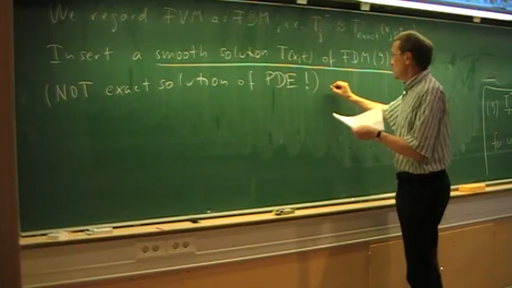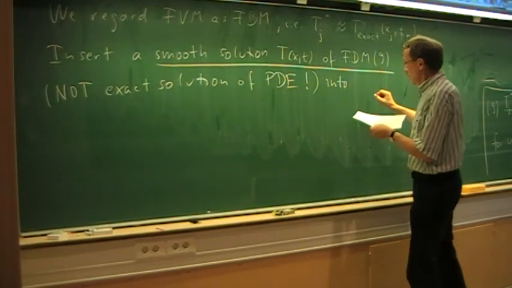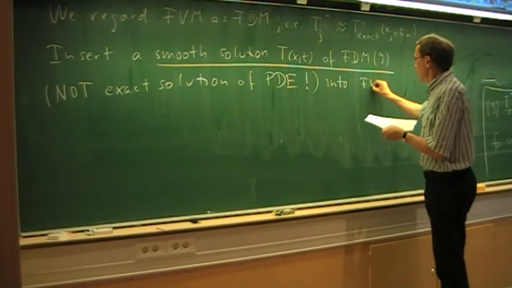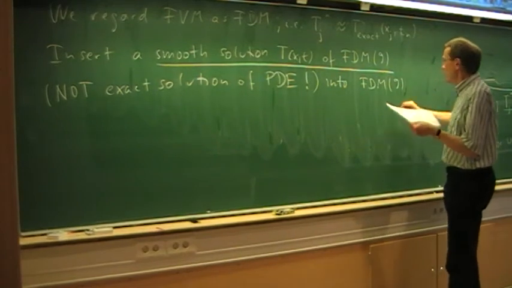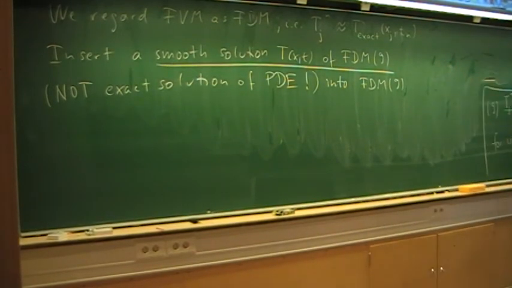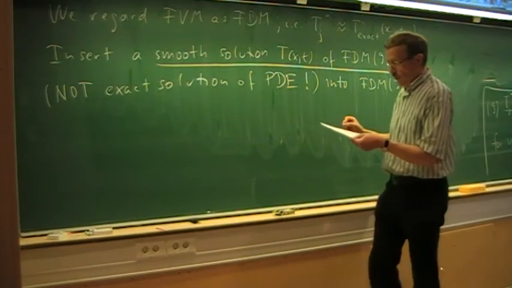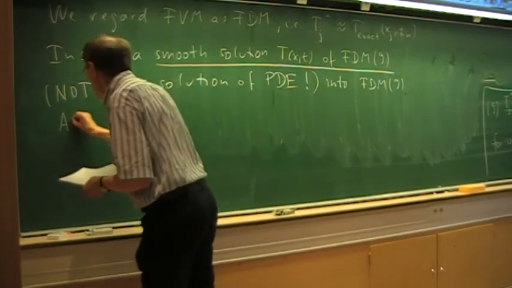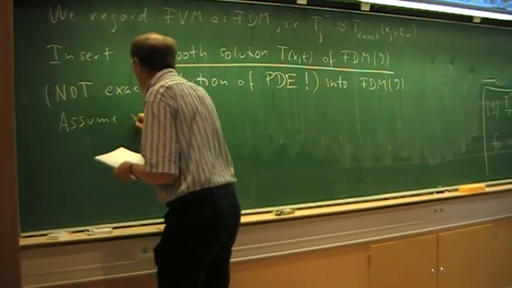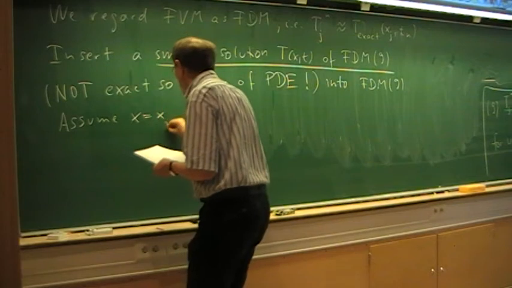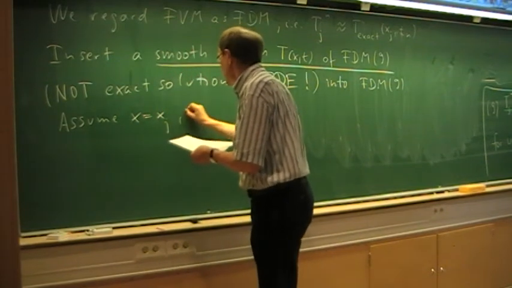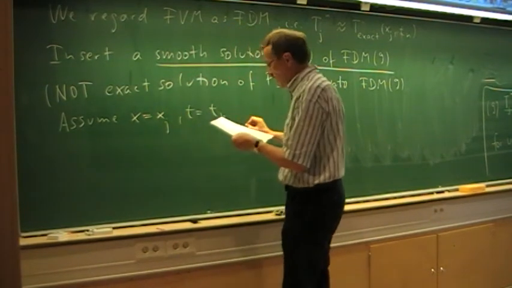We insert that smooth solution into the finite difference method. So we imagine we have simply a smooth function and we put it into this equation. To simplify the notation, we assume that x is equal to the grid point xj and t is equal to the time level Tn.